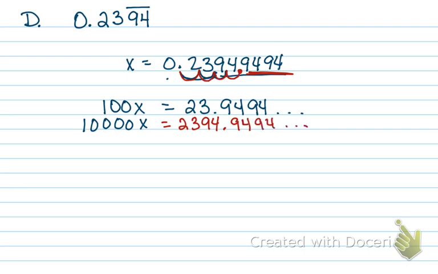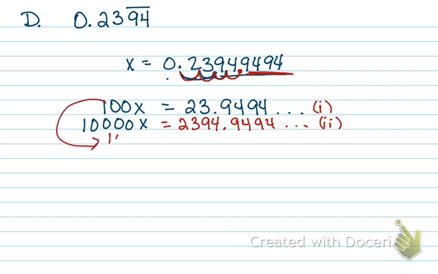Now these have the same repeating or recurring part after the decimal that will cancel out when we put them together. So we're going to call this equation 1, and we'll call this one 2. And we have to subtract the smallest one, which was equation 1, from the largest one. So I'm just going to move him down here.